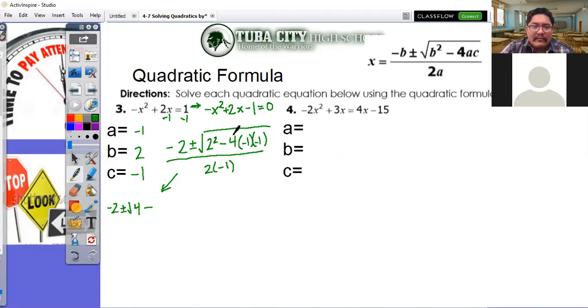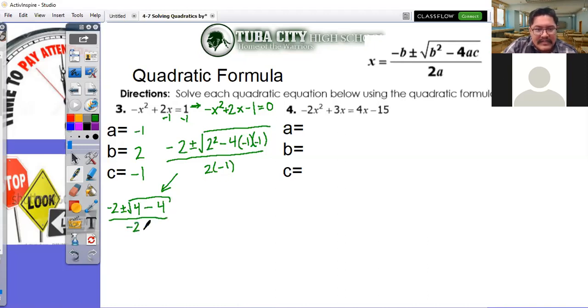Now here I have, well, I know it's going to be negative. So let's just, from here, ignore the signs, okay? Let's just go 4 times 1 times 1, which is pretty easy because that's just going to be 4, right? Because that's one of the other properties. 1 times anything is not going to change it. That's the identity property. All right, now I'm going to go ahead and do this part here.